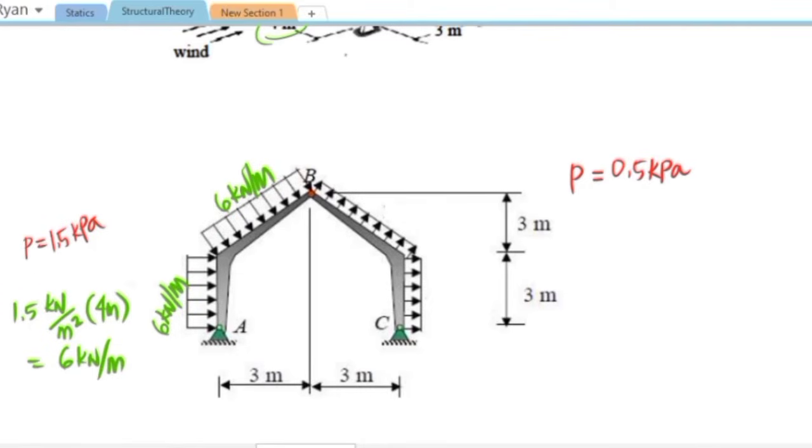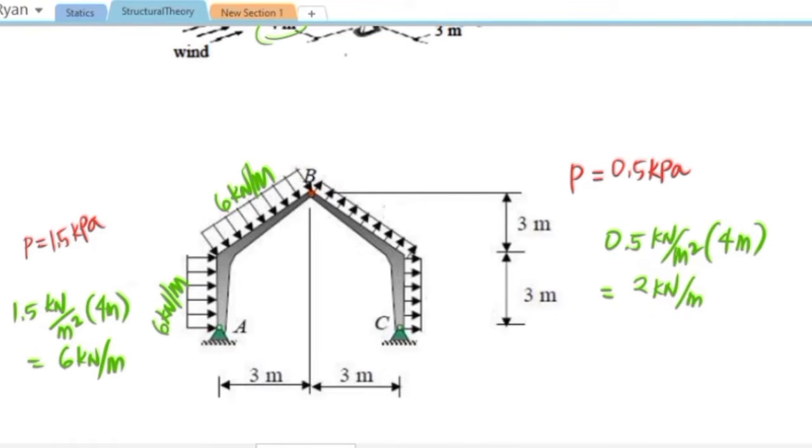And on the leeward side, we have suction pressure of 0.5 kilopascal. So that's 0.5 kilonewton per square meter multiplied by the length of 4 meters, and that is equal to 2 kilonewton per meter.